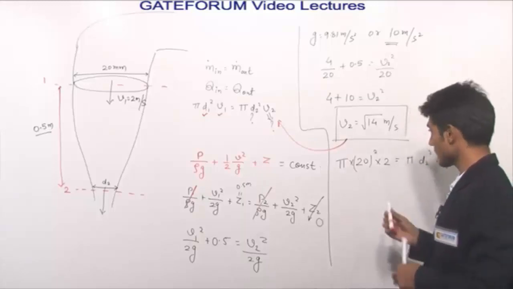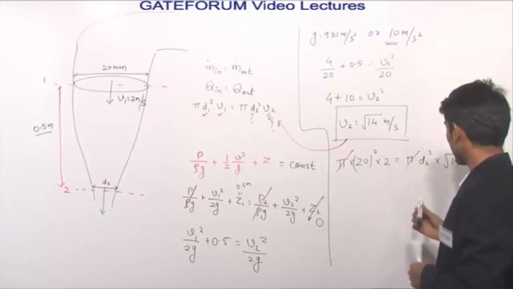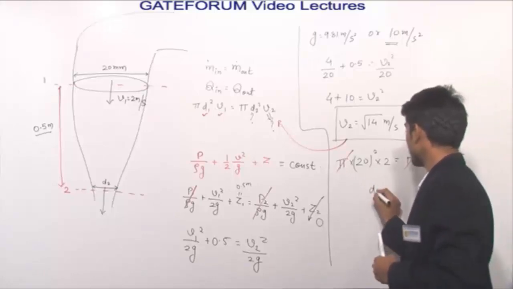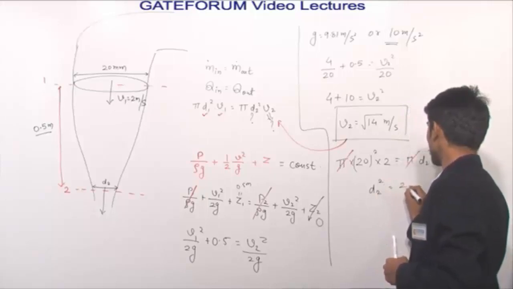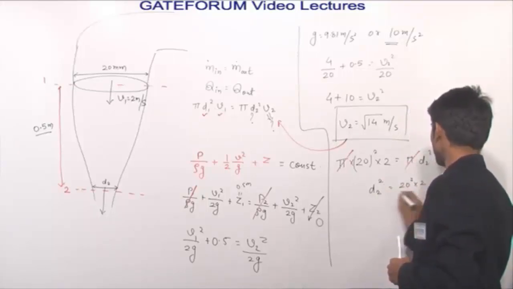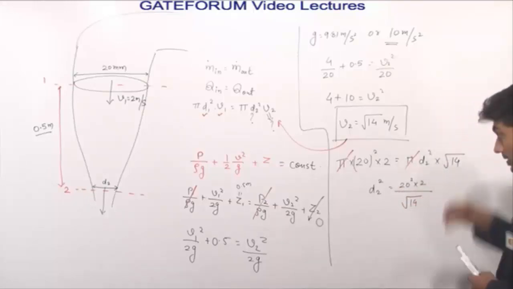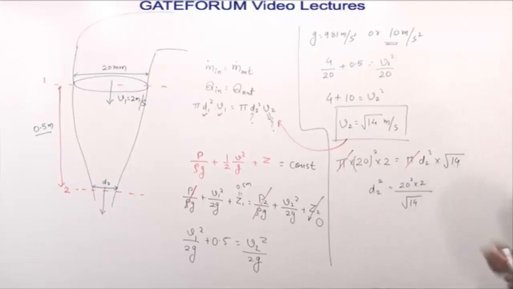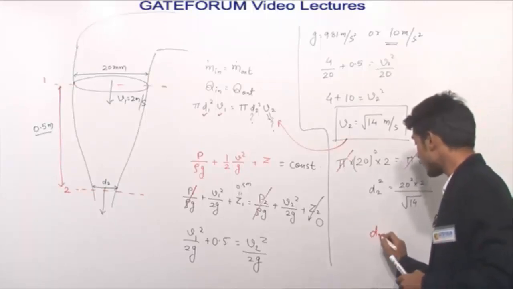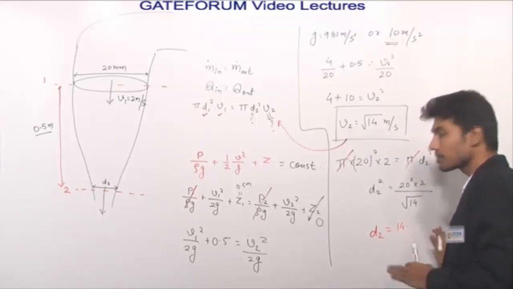Now pi cancelled and we have got D2 square is equal to 20 square multiplied by 2 divided by under root of 14. You need to approximate the values because you are not having a calculator. If you approximate this answer, this D2 will come out to be 14 point something.